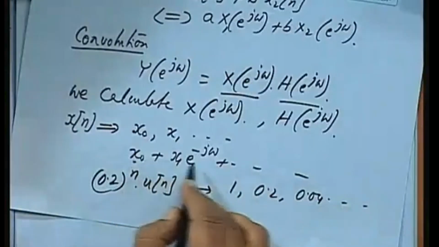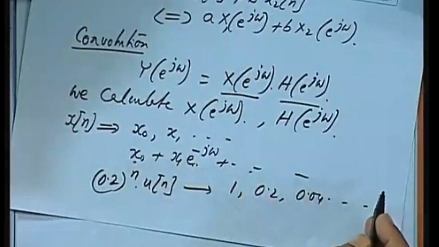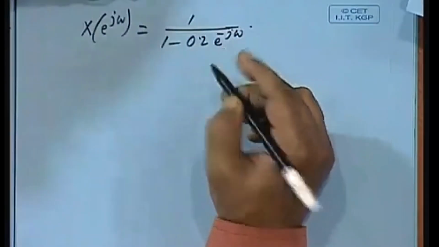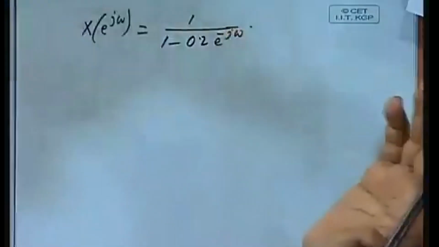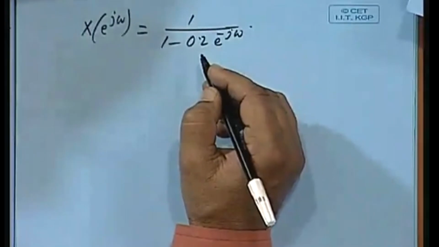This kind of series, if you take the discrete time Fourier transform, the frequency domain description of this sequence will be this. It is a GP series, I have reduced it. Since e to the power j omega always has a magnitude 1, 0.2 times this will not blow up. It will be a convergent series, because the magnitude is reducing. All right.